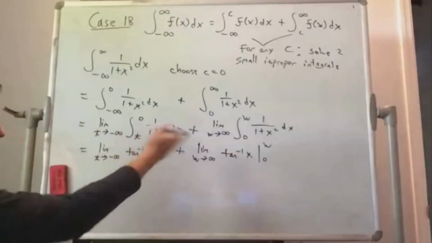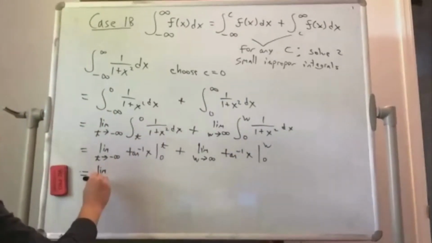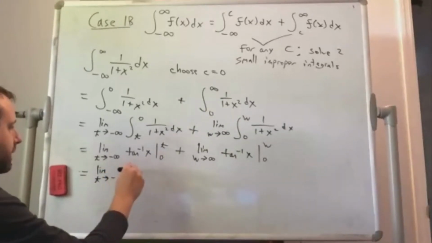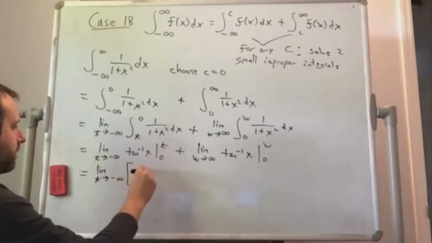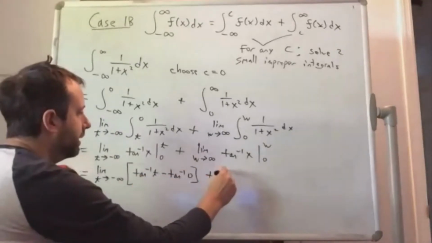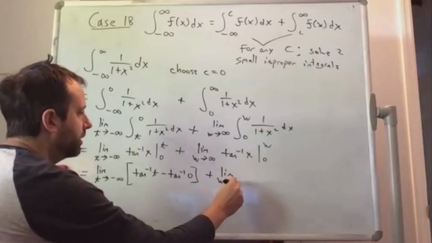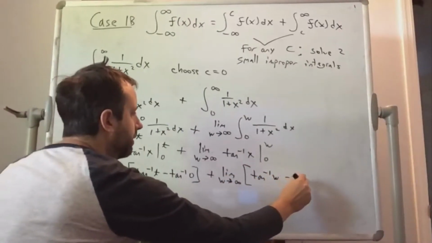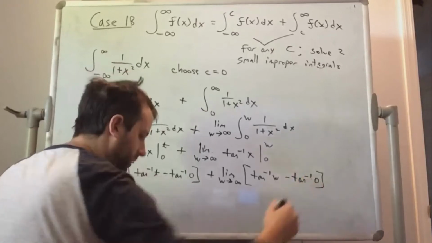So then we can plug all those limits in, still with these limits as t goes to negative infinity and w goes to infinity on the outside. So I get tan inverse of t minus tan inverse of 0 plus the limit as w approaches infinity of tan inverse of w minus tan inverse of 0.